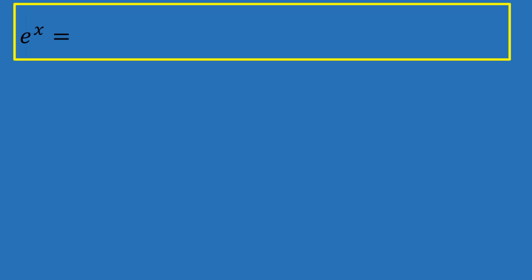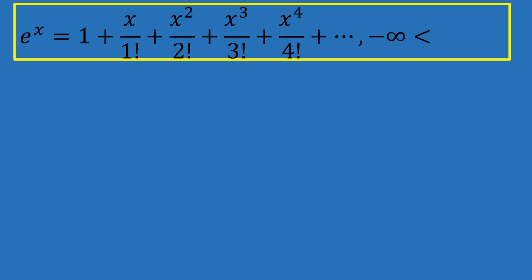So we have an expression e raised to the power of x, and that is simply given as equal to 1 plus x over 1 factorial plus x squared over 2 factorial plus x raised to the power 3 over 3 factorial plus x raised to the power 4 divided by 4 factorial plus continuously x raised to the power 5 over 5 factorial, and so on and so forth.